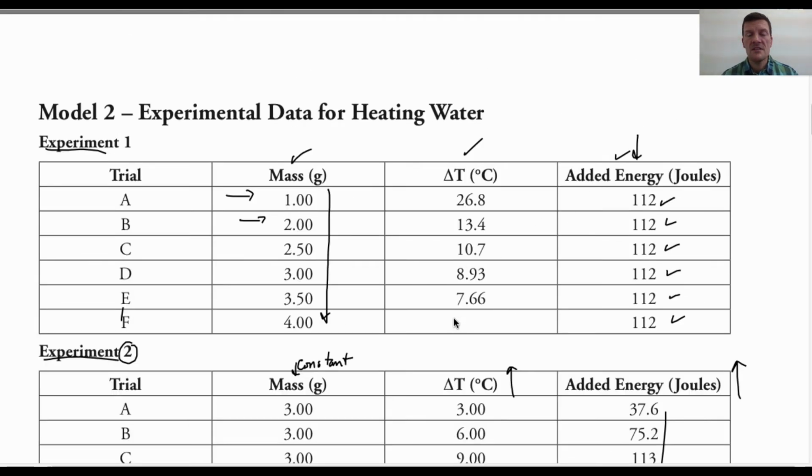here we have a missing delta T. I'm going to write our equation here. Q equals Cm delta T. This time I'm going to solve for delta T. So if I solve this equation for delta T, it is going to equal what? Q over C times mass.